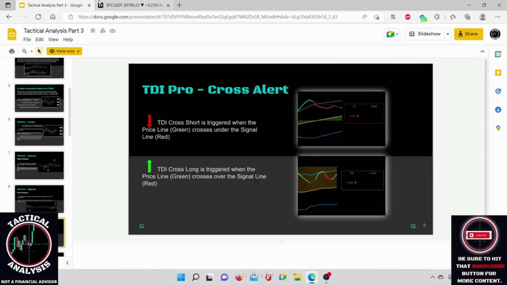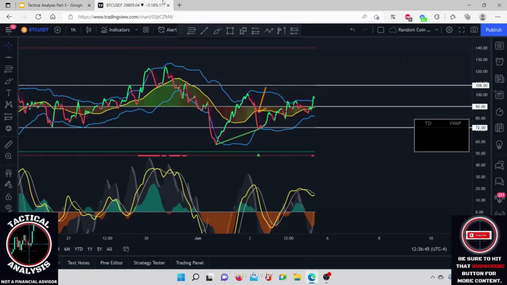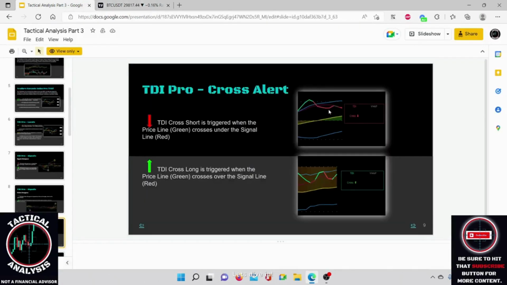We also have alerts on the TDI Pro for crosses. When you get the downward red arrow, red for down, green for up, the cross short is triggered when it crosses under the signal line. You can see in the example here, when it crosses below, you'll get the TDI cross. The signal line, the RSI line will cross.